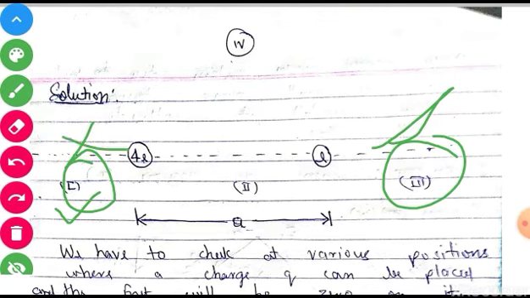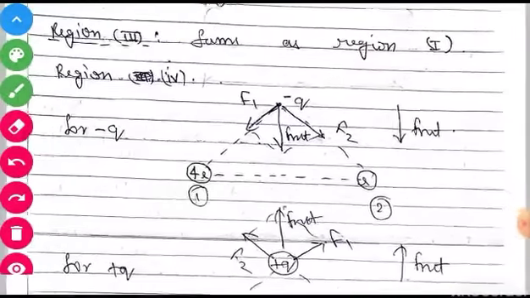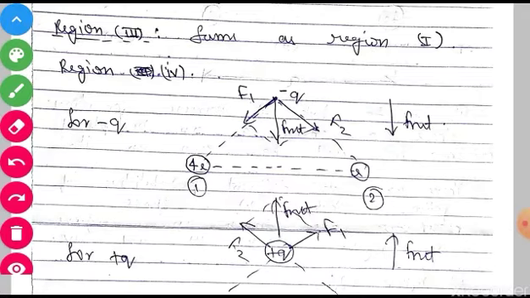So region 1 is not our required point, region 3 is not our required point. Now we are left with these 2 points, region 2 and region 4. So now let's check at region number 4. What I have done in region number 4, I have first placed a minus q charge here and made the forces due to both 4e and e.